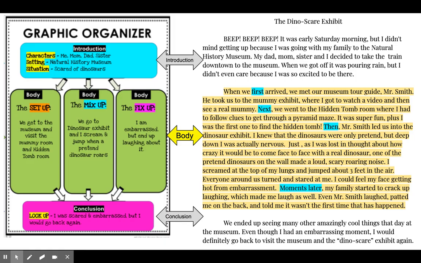This is what happens next. And then look down here. Then Mr. Smith led us into the dinosaur exhibit. Okay, so I know this happens next. And then here, moments later, my family started cracking up laughing. So this kind of tells me, hey, this is what happened after. So these transition words not only help to keep it organized, but they help to make it transition from one event to the next in an orderly way.